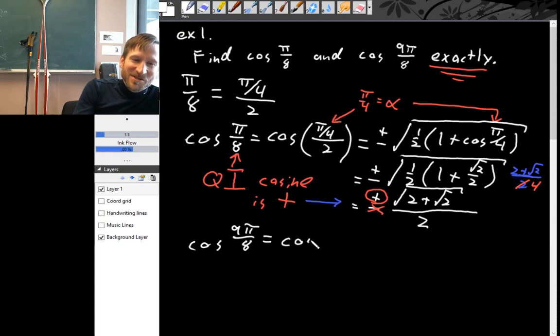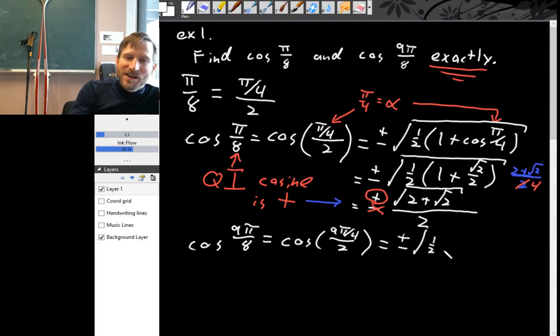So this is cosine of 9 pi over 4 over 2. So this time, the role of alpha is being played by 9 pi over 4. So we can use the half-angle identity for cosine. Plus or minus the square root of 1/2 times 1 plus cosine of 9 pi over 4.